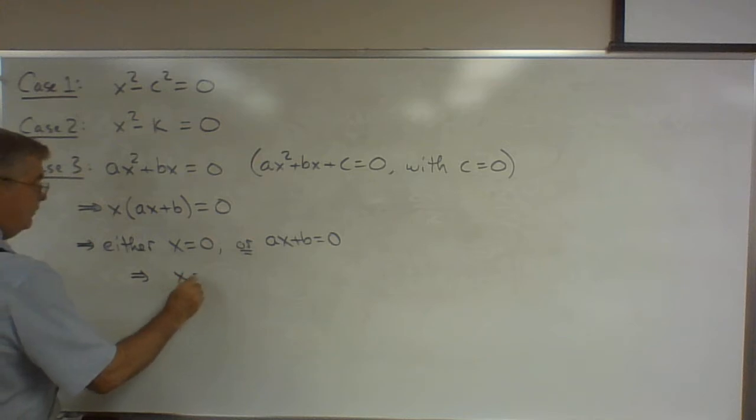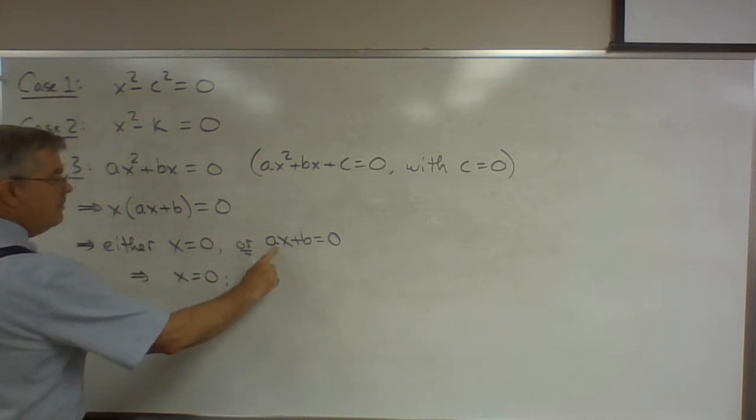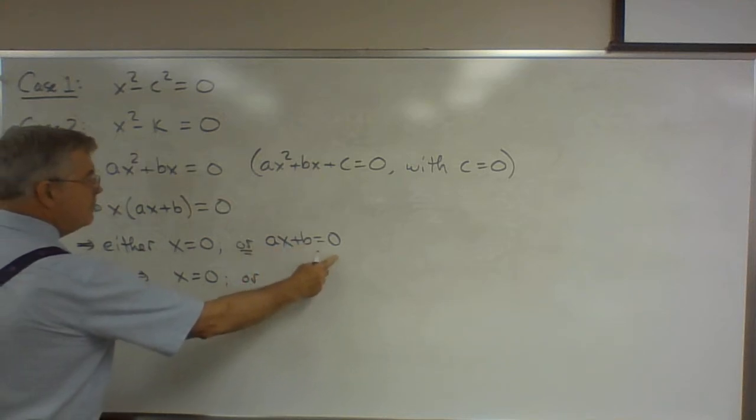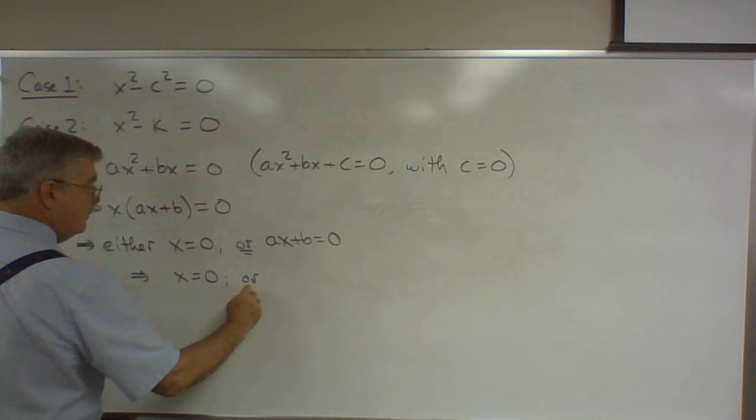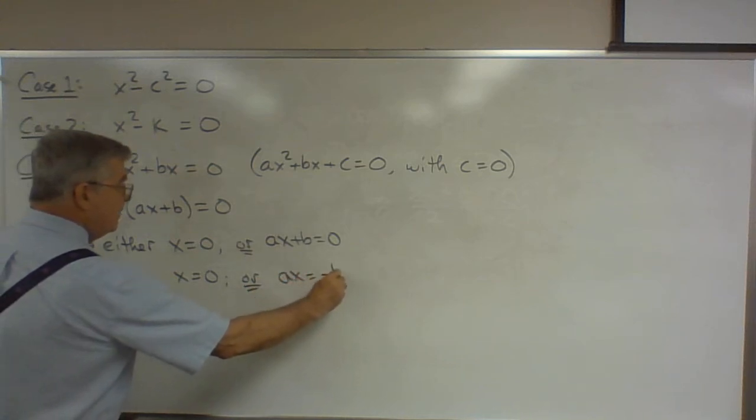Let's see, what would happen if we divide both sides? No, tell you what, we'll move the b over here. That's what we'll do. So we'll have ax equals negative b.